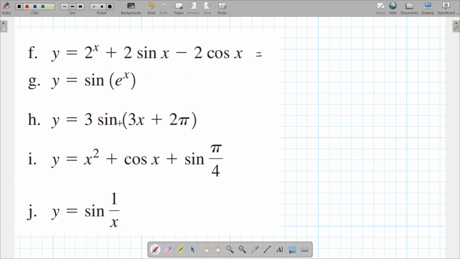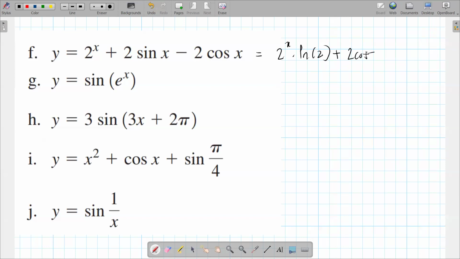What's the derivative of 2 power x? The itself. Yeah, and then what else? Ln of 2, and that's done. There's no chain rule component. Plus, what about the next term? 2 cosine.